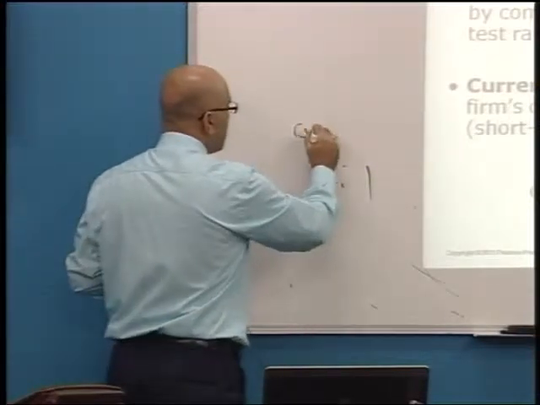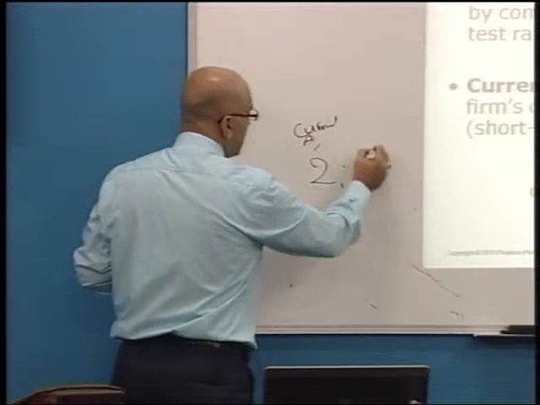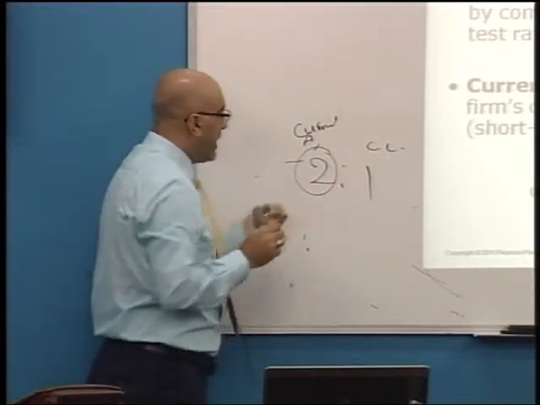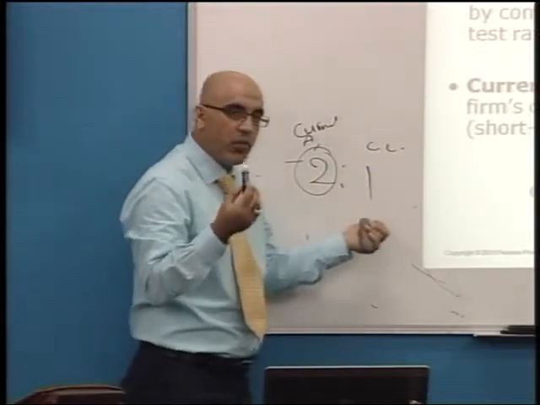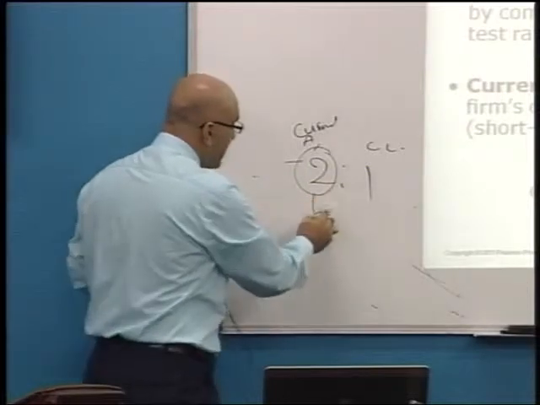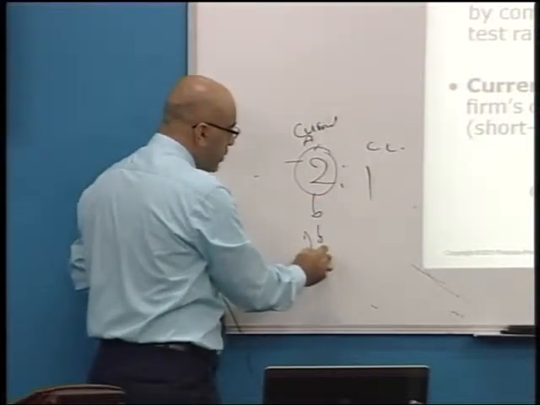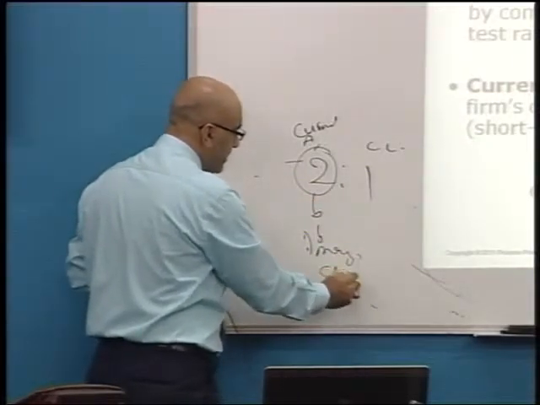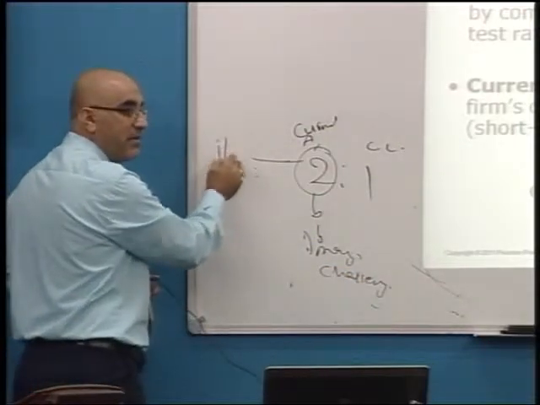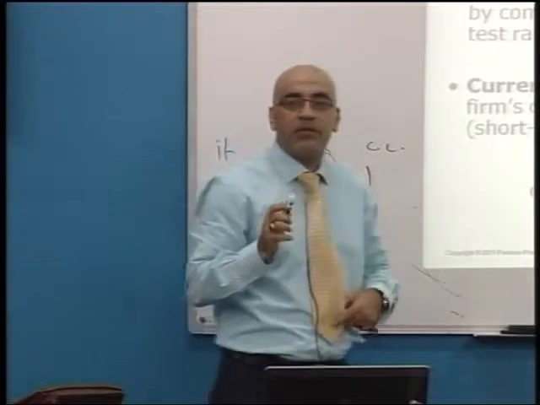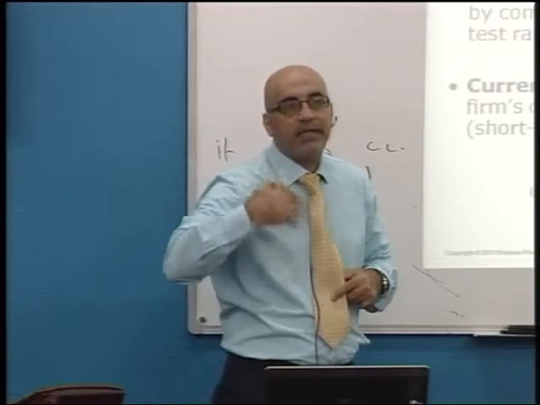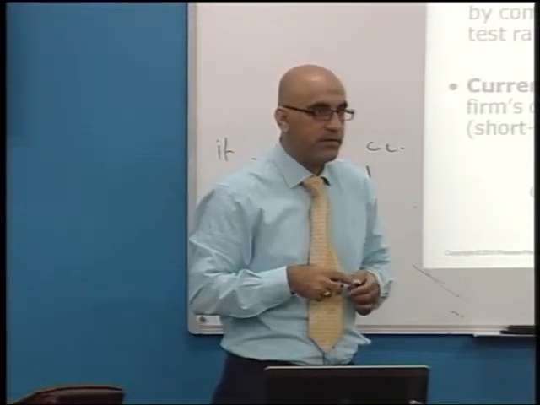It means $2 in current assets covers $1 in current liabilities, which is fine. If it is less than 2, we may face some problems. If it is greater than 2, it's fine, but be careful. We don't need to have excess or higher liquidity. Okay?